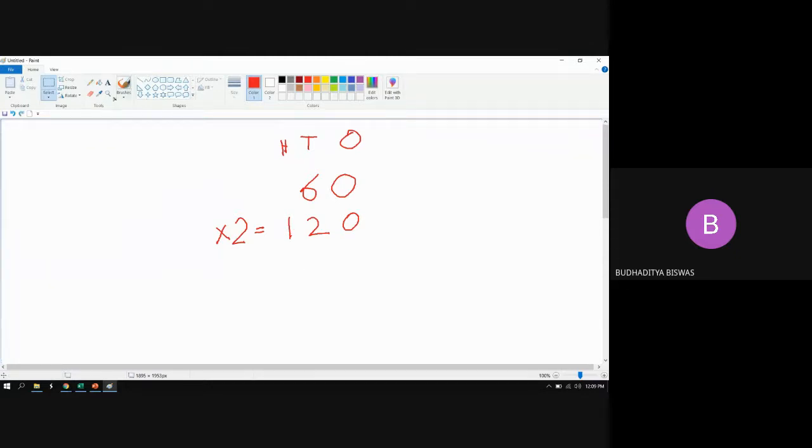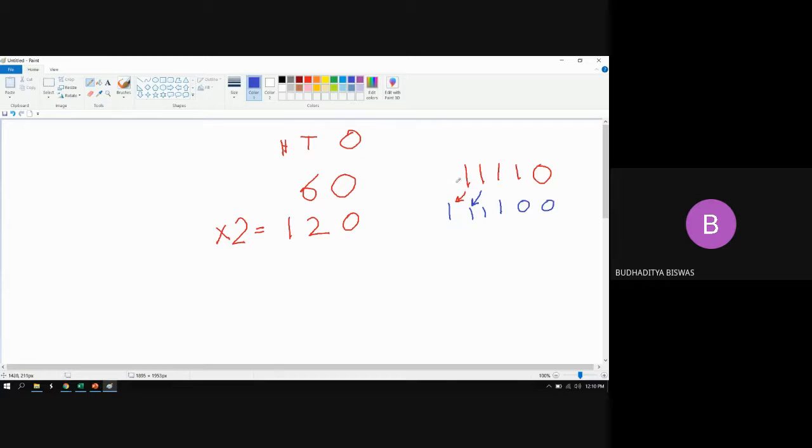Okay, so that's why in case of this 1 1 1 1 0, that is equal to 30, if you multiply it by 2, then this one is actually shifted here, this one is actually shifted here, and next this position is shifted here, 1 1 1 1 0 0.